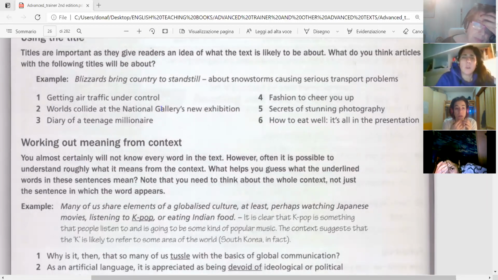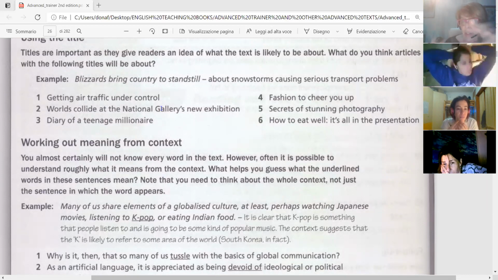What could you say? Something about the direction of the flight, I don't know. Or maybe a strike. Probably it's not about strikes. I think it is probably about limiting the number of planes taking off and landing. Okay, so it's about limiting this.